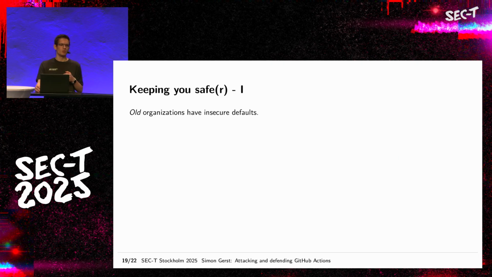And the problem with reducing it to read by default is that then the workflow writer has to manually define which permissions it uses. For example, if it wants to write an issue comment, it has to declare that it wants to write issue comments. And GitHub was afraid to change this default for all organizations and only did this for new organizations.